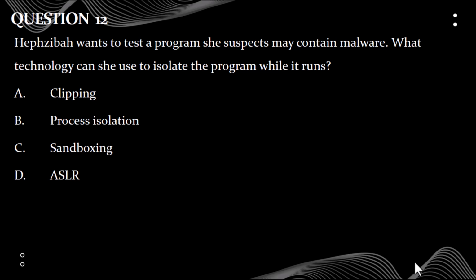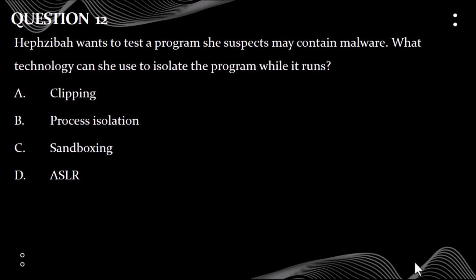Sandboxing, on the other hand, is a security mechanism used for running untrusted programs in a controlled environment. ASLR, Address Space Layout Randomization, is a security technique that is used to prevent the exploitation of memory corruption vulnerabilities, and it does this by randomizing memory addresses that are used by the system processes.